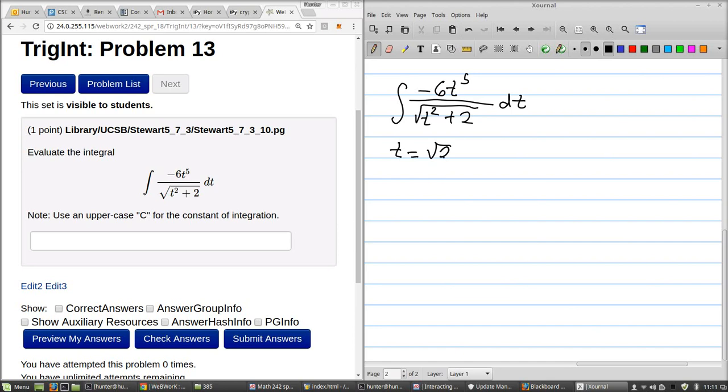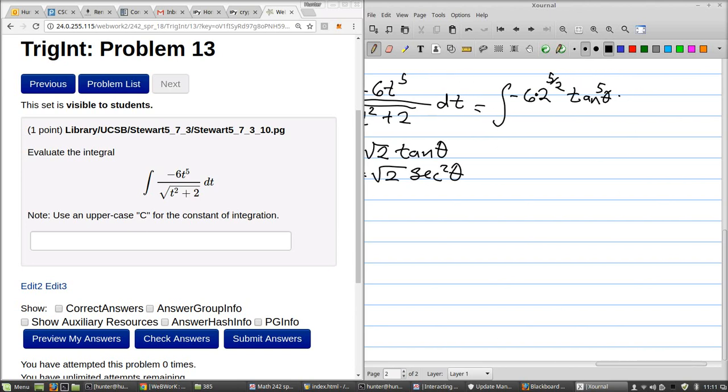This is the square root of 2 times tan theta, and then this turns into negative 6 times, oh my god, this is that really awful one, 2 to the 5 halves times tan to the 5th power theta, and then dt is equal to the square root of 2 times secant squared theta. So we've got times square root of 2 times secant squared theta.